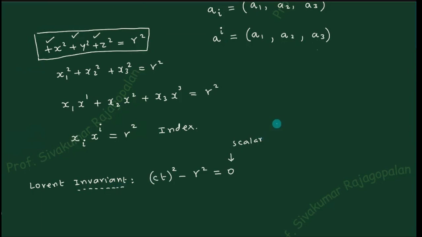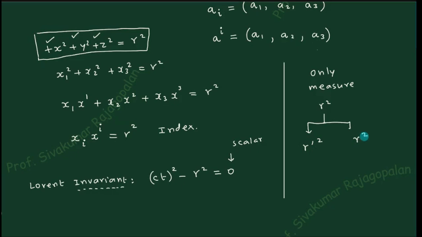But in contrary to this, suppose you measure only r square. Then if you do this measurement, one person will measure r prime square, and another person will measure r square.